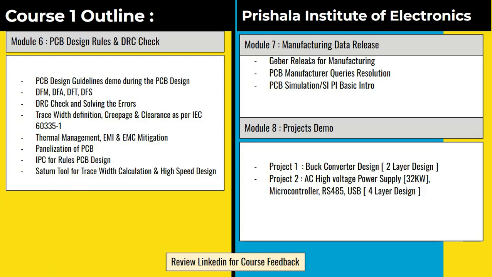Then at the end, in module number 7, we're gonna show you how you're gonna generate Gerber for manufacturing, and how you're gonna solve the manufacturing queries coming from the supplier, and we're also gonna cover a small basic introduction of signal integrity and power integrity.